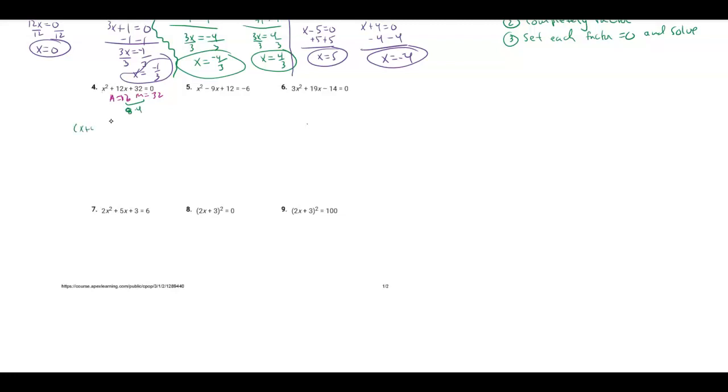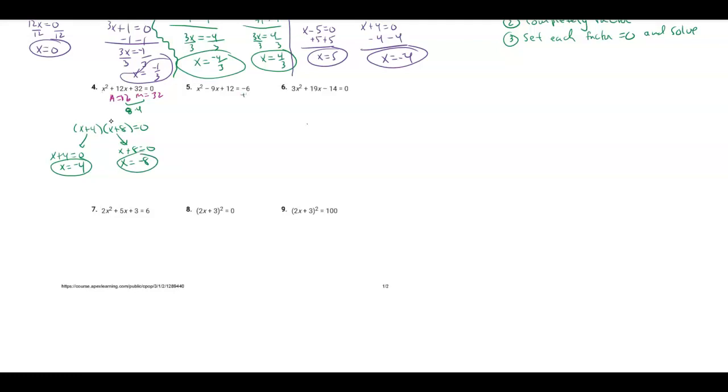So this would factor to be x plus 4 times x plus 8 equals 0. And when I pull each of these out, x plus 4 equals 0, so x equals negative 4, x plus 8 equals 0, so x equals negative 8.